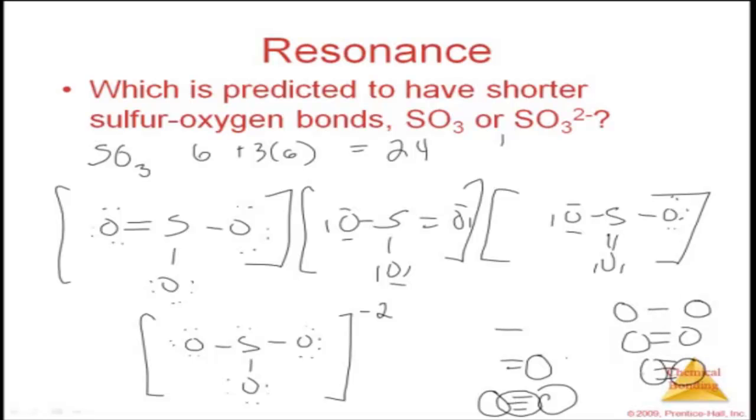So the more electron density in between the 2 nuclei, the closer the atoms are going to be pulled. So the bond length gets shorter as I add a multiple bond. Here I have all single bonds. Here I have singles and doubles. Remember, these 3 bonds are really sort of an amalgam of the 3. So the bond length is going to be a little longer than the single bond, but a little shorter than the double bond. So the shortest bond length is going to be in SO3 because I have no multiple bonds here.